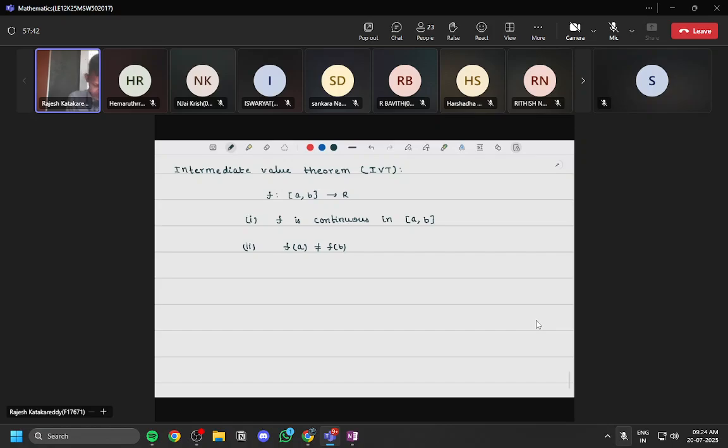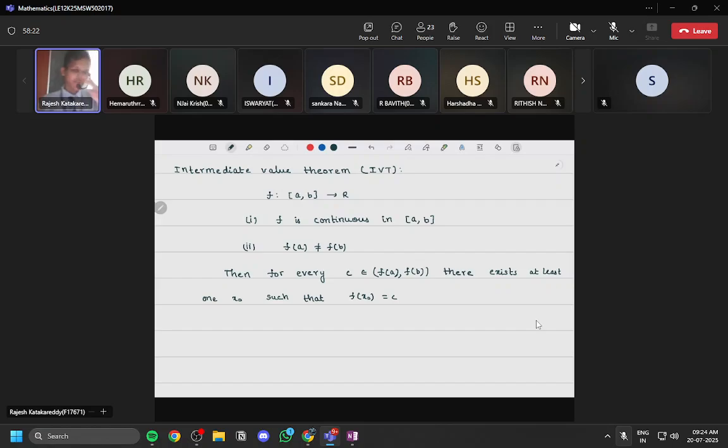What can we say then? For every c belonging to the interval between f of a and f of b, there exists at least one x naught such that f of x naught is equal to c.